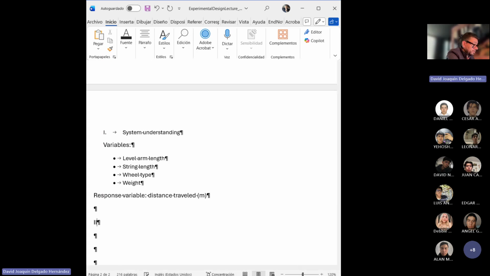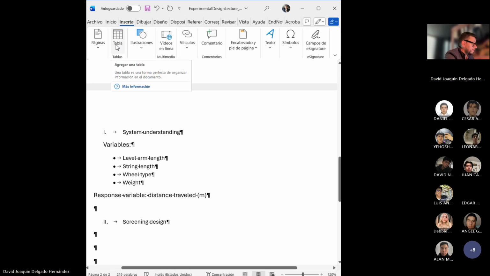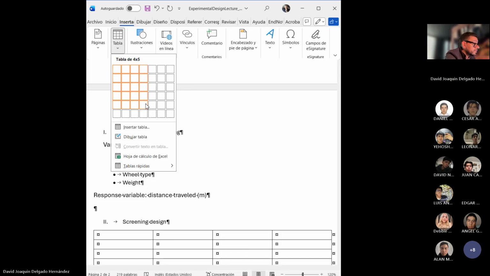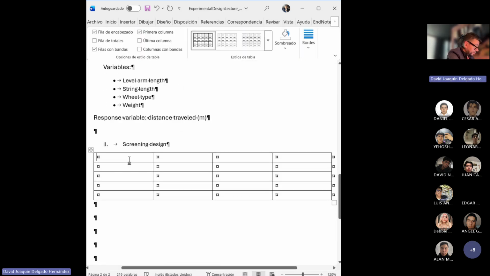So let us suppose the following. I am going to put here a table in the screening design. So let me insert a table. Here we are going to put the experiment number.